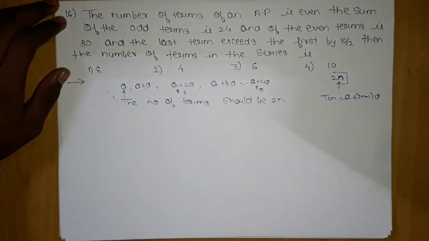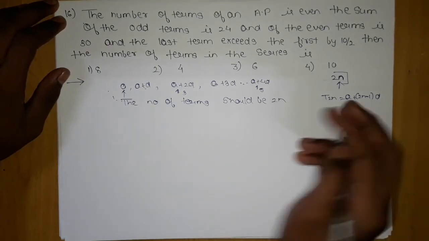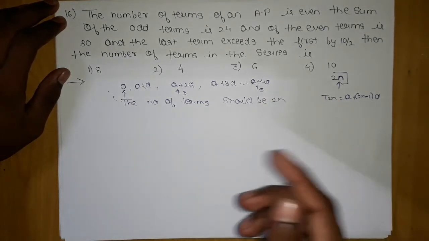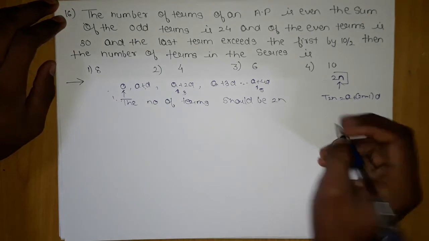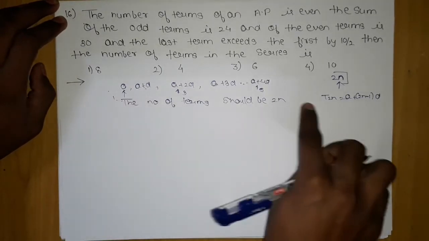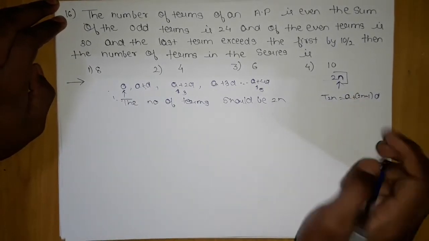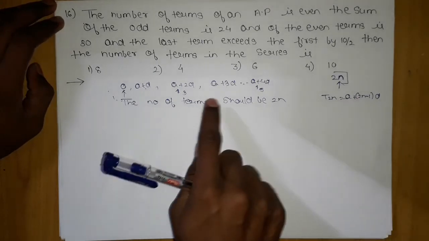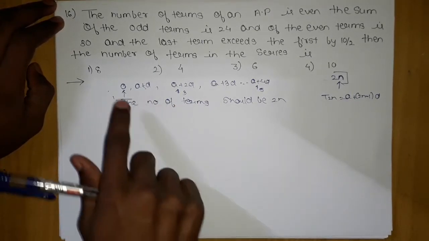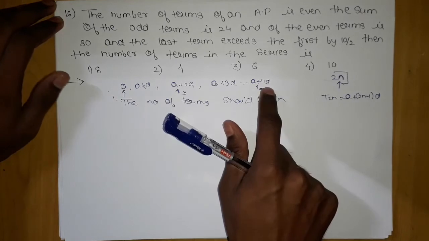Now 2n is not there, just before that, what is the term before that? This is an even term. By observation we can see that in odd terms a, a plus 2d and a plus 4d are coming.